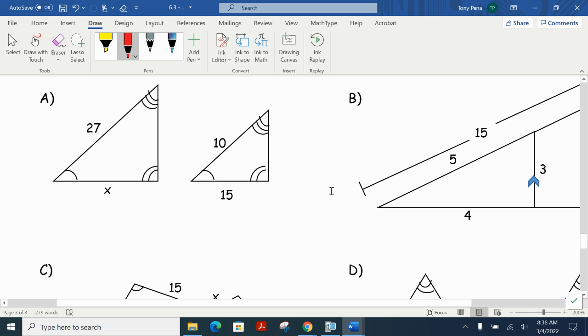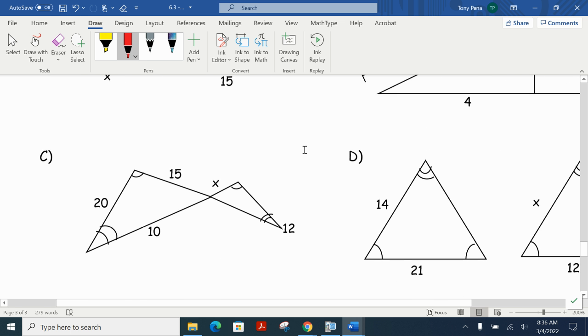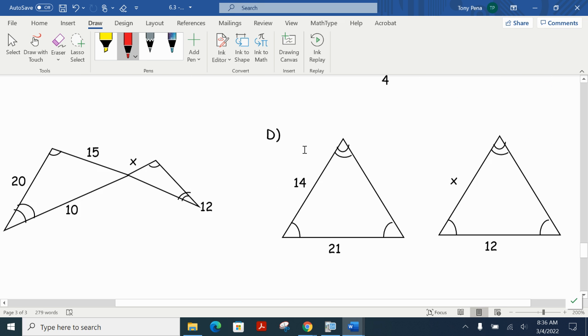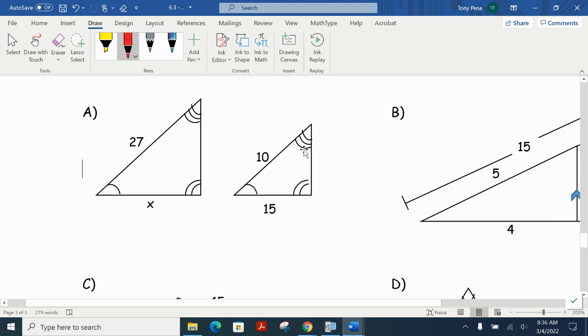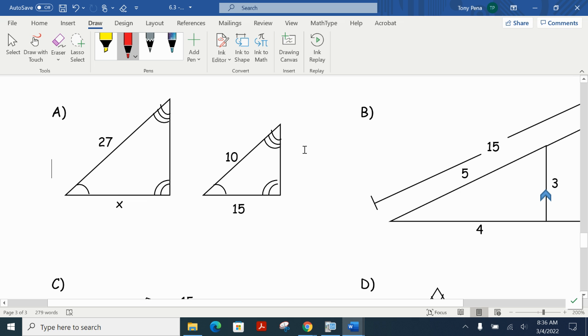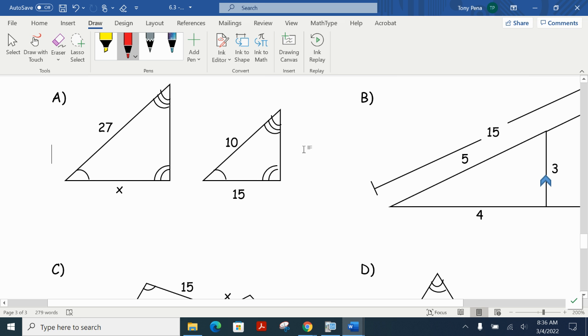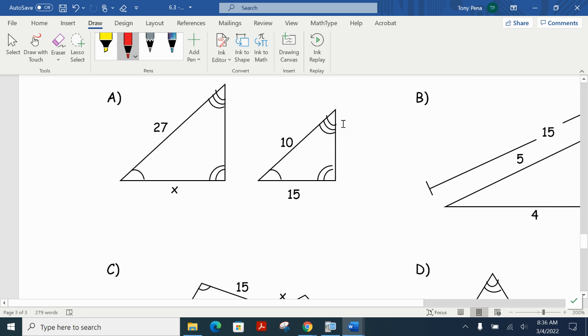Do letter A real quick. All right. Setting that one up.